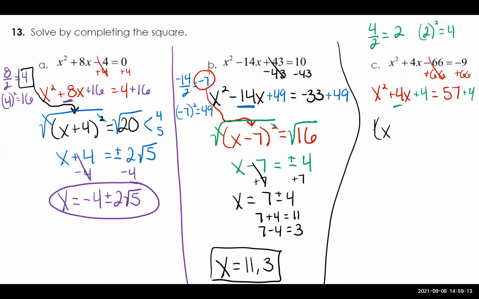So then we write our parentheses as a perfect square. The number we got from halving it was 2, so that's the number that goes in the parentheses. It's a positive, so there's a plus. And then 57 plus 4 is 61. Next, I want to square root both sides to get rid of the square.